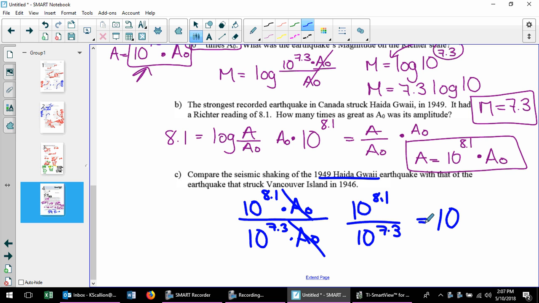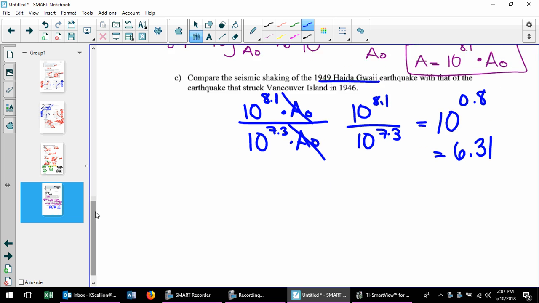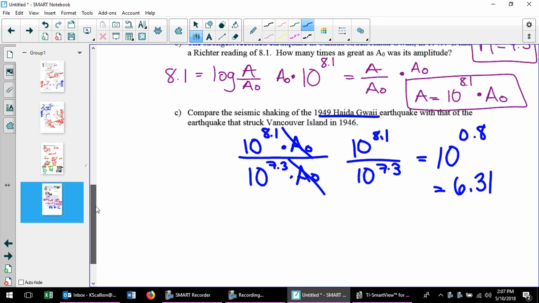Subtract them, so what are you going to be? 0.8. So what does that 6.31 mean? What does it mean? It is the answer.